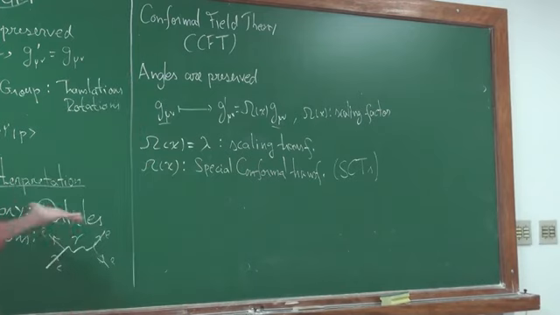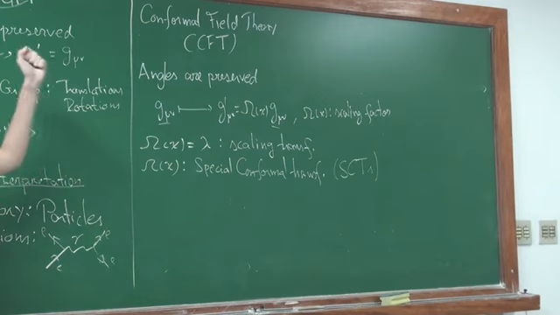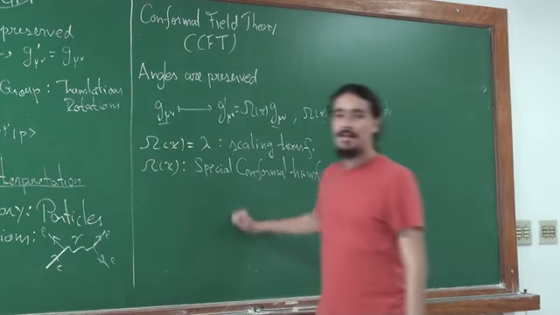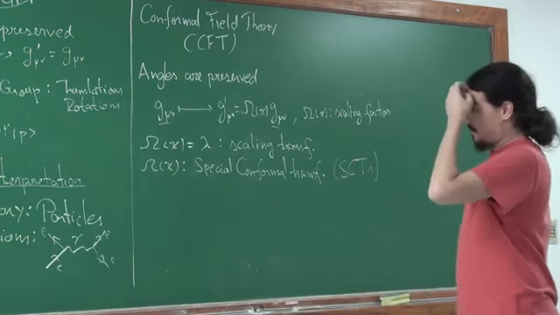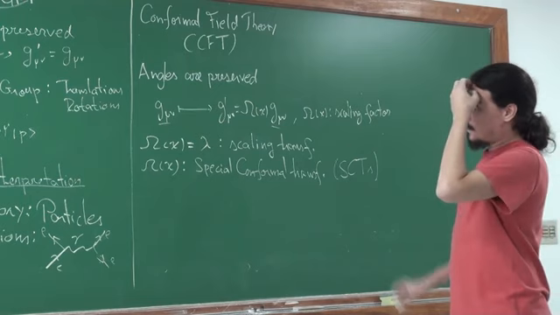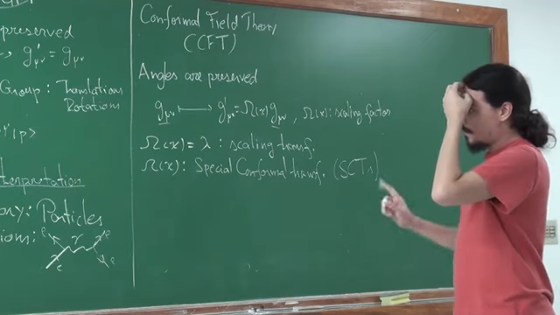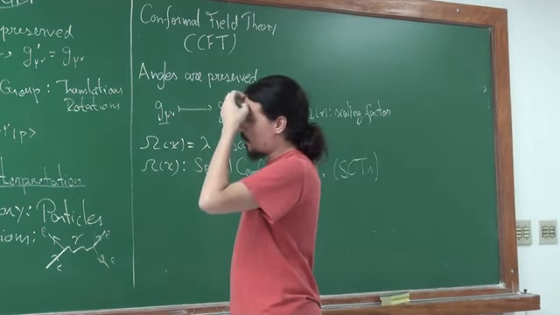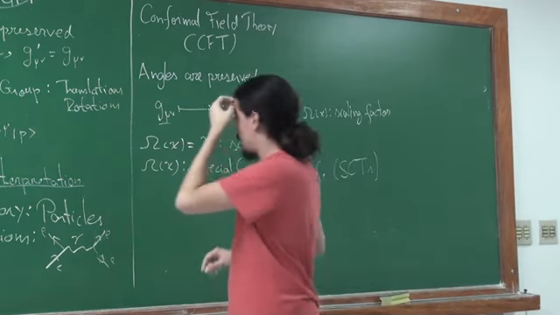Okay, so what happens when we play the same game here? We say I want my Hilbert space to have conformal symmetry instead of just Poincaré symmetry. Well, many things happen, but I will just tell you one of them that's the most striking.